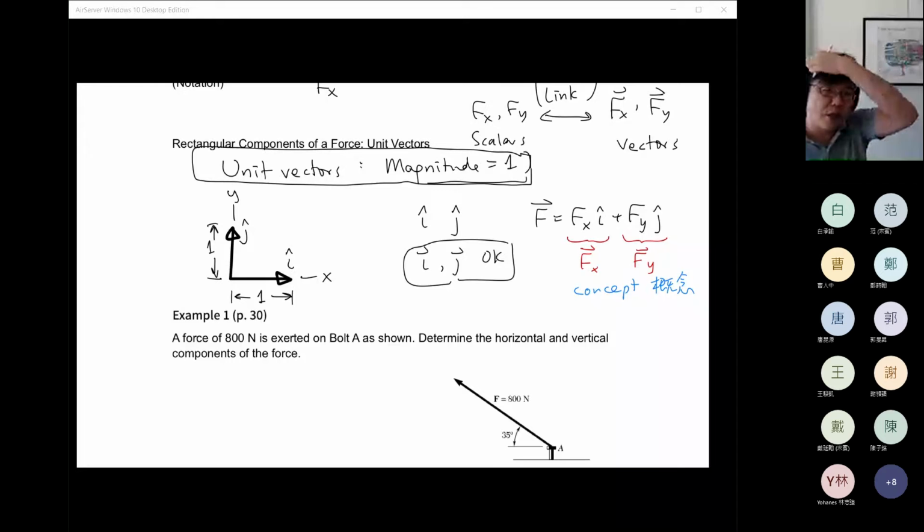If you have seen this, I and J, and the magnitudes are equal to 1, please raise your hand and let me know. Good. Okay, you can lower your hands now. Thank you very much.